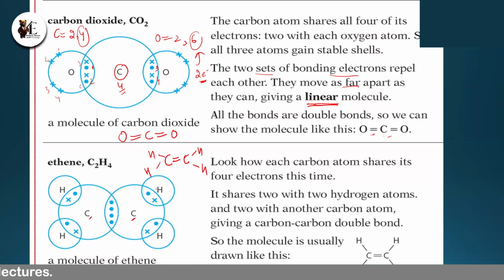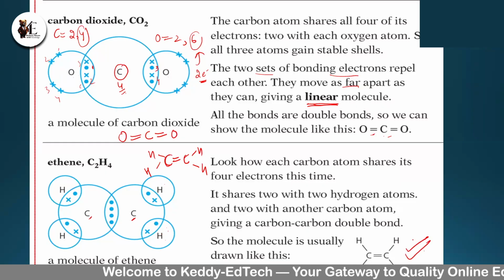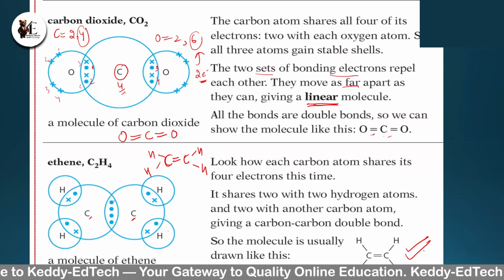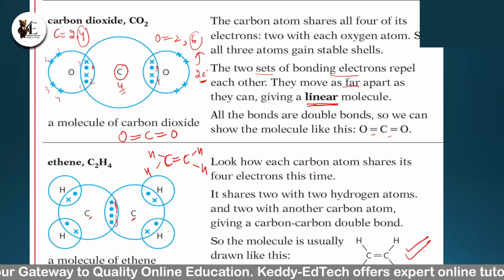Okay, so each carbon shares 2 with the 2 hydrogen atoms and 2 with the other carbon atom. So we have a carbon-carbon double bond. This molecule is shown like this, because there is a sharing of 2 pairs of electrons. One pair is this and one pair is this. Is it clear?